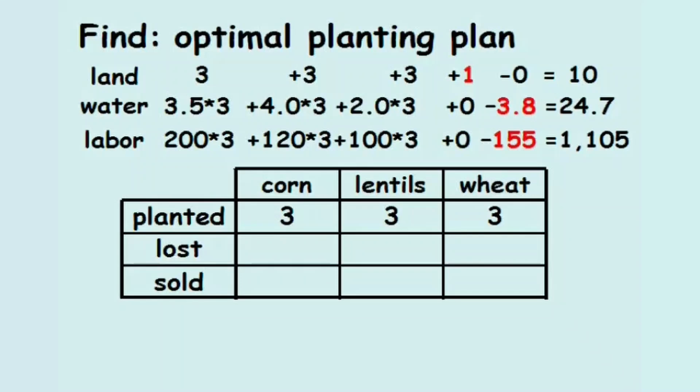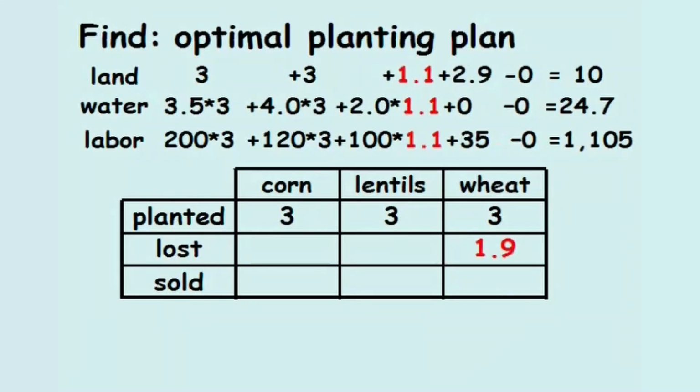In this particular example, it would be most cost efficient to farm 1.9 fewer acres of wheat than to cut back production and hence sales of corn or lentils. After this cutback, 2.9 acres of land and 35 units of labor would not be used to grow any crops.